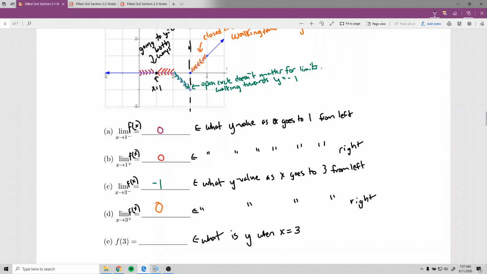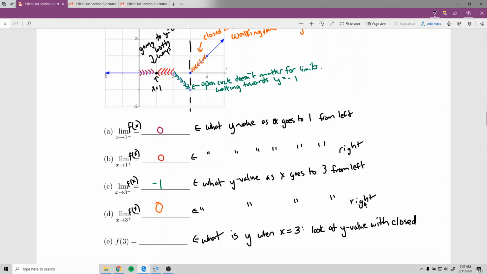And if you're looking at where x equals 3, we have two possible points. One has a closed circle, one has an open circle. This is when the closed circle, open circle matters, because the closed circle is where our function is. If it's the open circle, we're not including it.